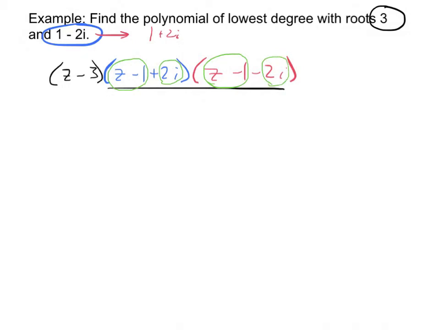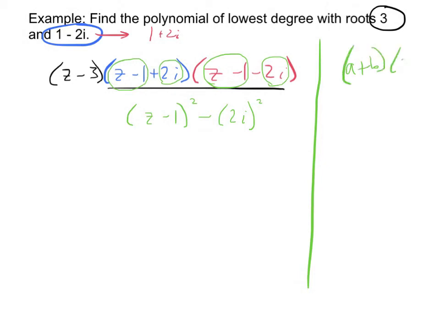When you FOIL this together, you're going to get z minus 1 squared minus 2i squared. If you need to, pause the video and think about that for a second. What I'm effectively saying is that part there is really just something plus b times something minus b, and we know that that's going to distribute together to give us a squared minus b squared. And so the reality is that thing can easily be FOILed out.